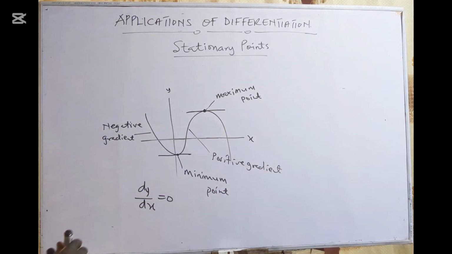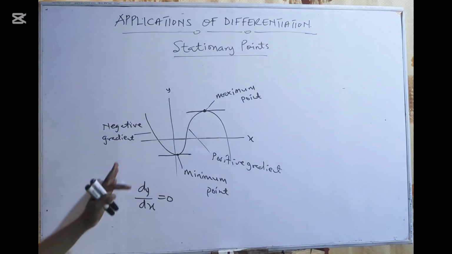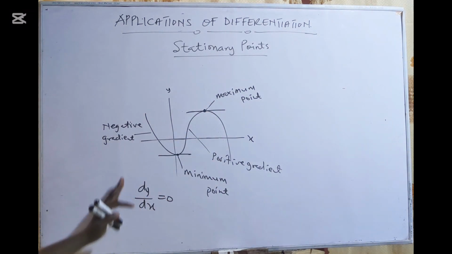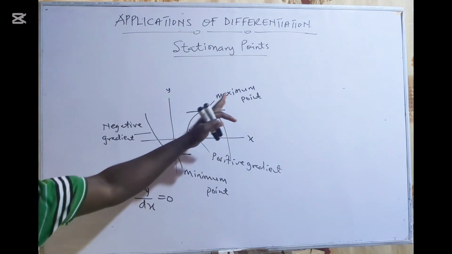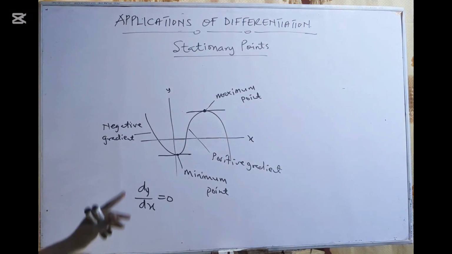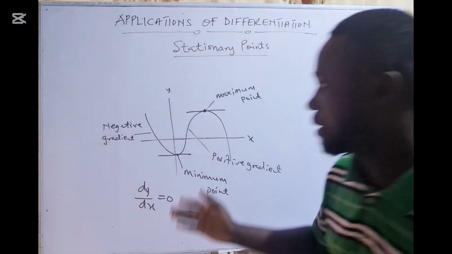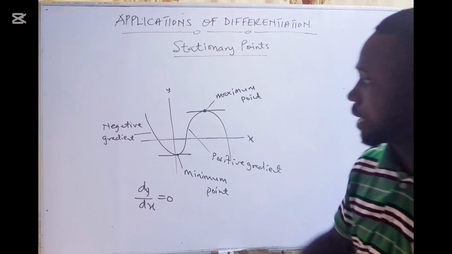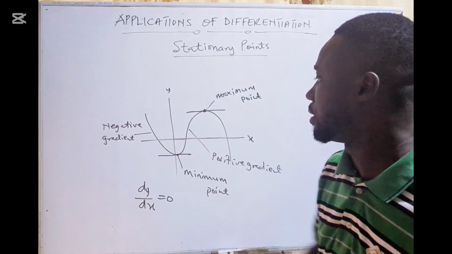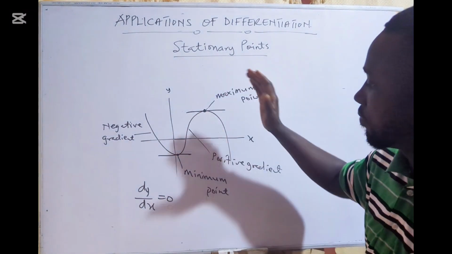Is that okay? So this is what is going to happen. At the maximum point, dy on dx is 0, and at the minimum point, dy on dx is also 0. And we have said that when the curve is decreasing, the gradient function is negative.